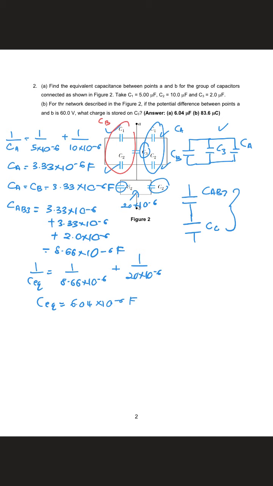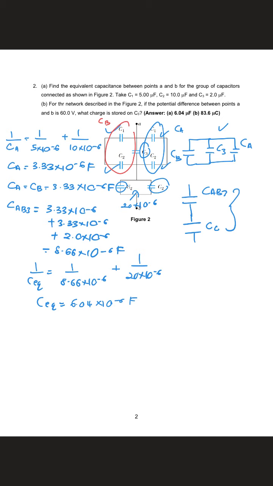Next, we find the potential difference between point A and the charge stored at C3. Like I mentioned before, you combine everything and find the C equivalent, but to find the charge and potential difference, you do it in a reverse way. You reverse your steps and open it one by one.